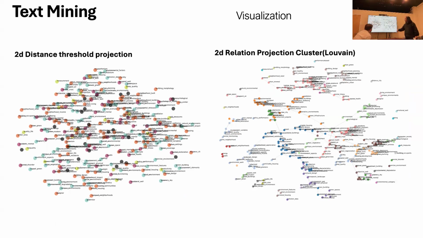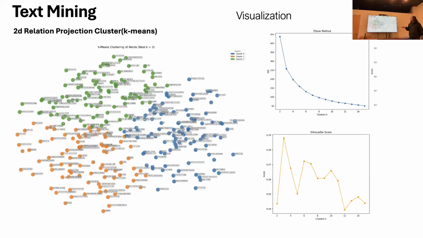What do the colors mean? The different colors represent different categories. And this one is based on the distance between words, clustered using this method, and we also use k-means for hard clustering.